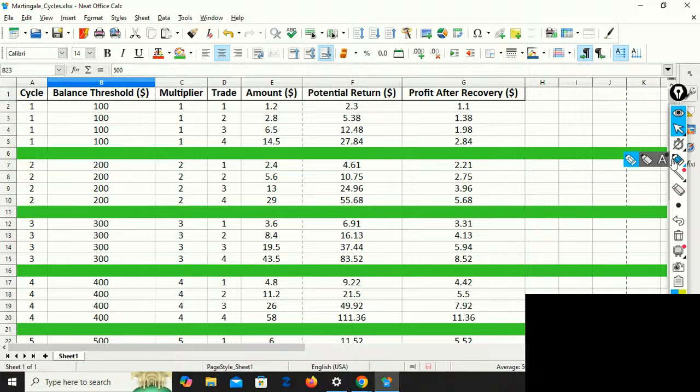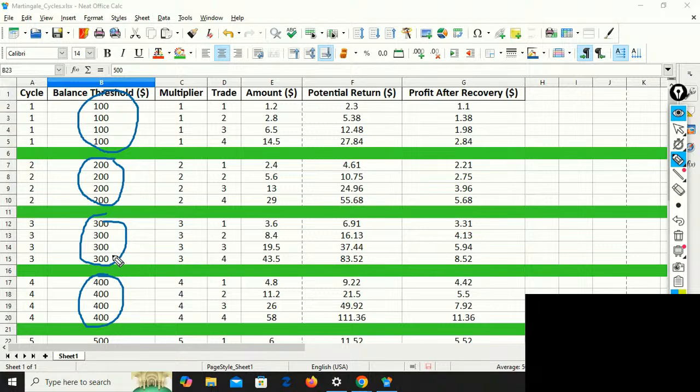So since I'll be trading the pocket option tournament, my starting balance will be $100. All right. So each cycle, each balance threshold will increase once you increase your balance $100. So these are your thresholds: 100, 200, 300, 400, 500, and so on.